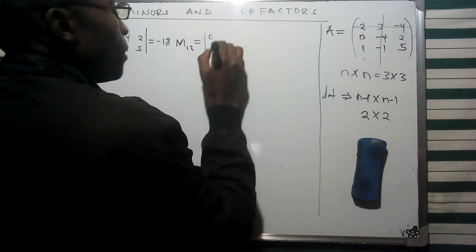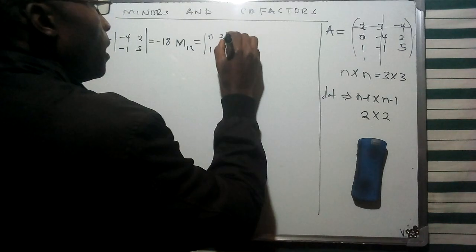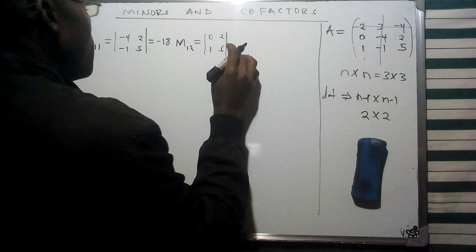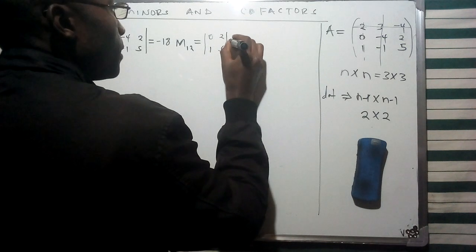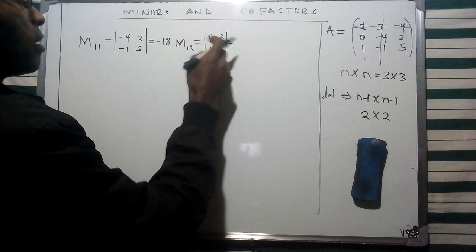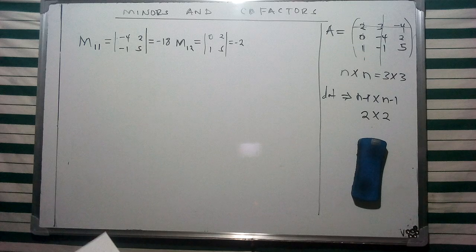Therefore we're going to have 0, 1 and 2, 5, and this forms our second minor, which is the determinant 0 minus 2. Definitely this is going to be minus 2, given as such.